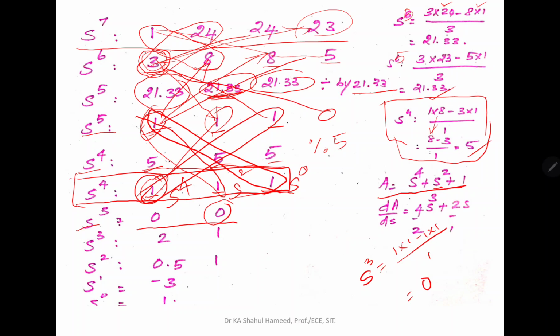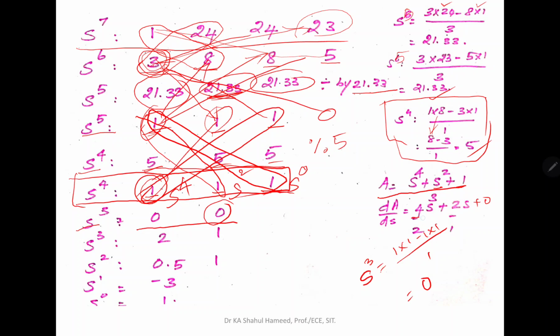Now we differentiate this equation with respect to S. When differentiating, we get 4s cube plus 2s plus 0. So we replace the zeros of the entire row by the coefficients obtained after differentiating the previous equation A is equal to S power 4 plus S square plus 1.